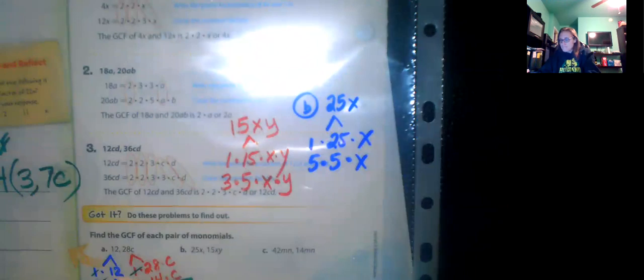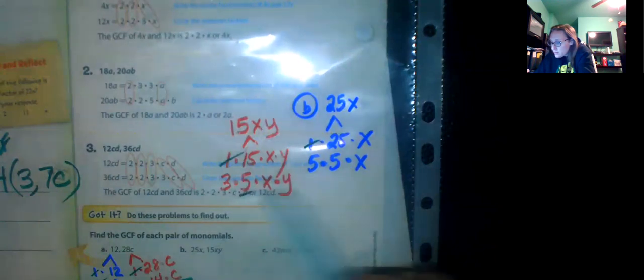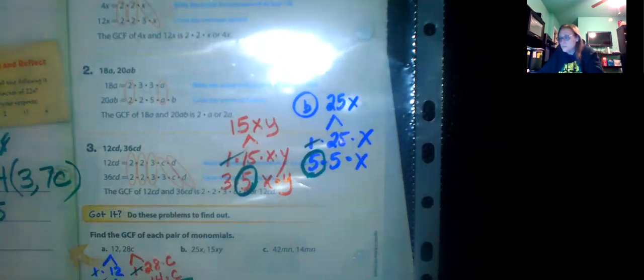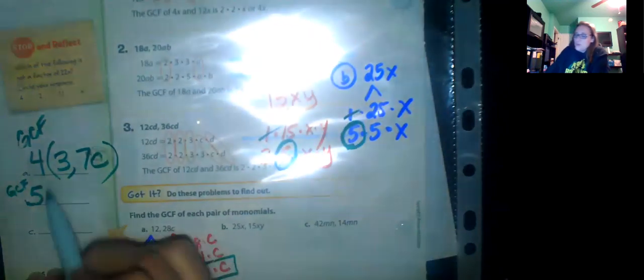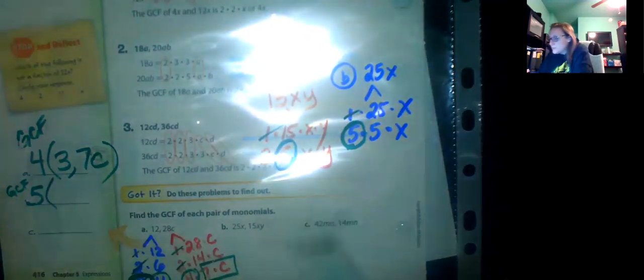So now let's find the biggest number they have in common. Well, they both have a 1, they don't both have a 3, they both have a 5, and that's as far as they go. So they both have a 5. So that 5 is going to be our GCF, our greatest common factor. And then we write down what they have that's left.